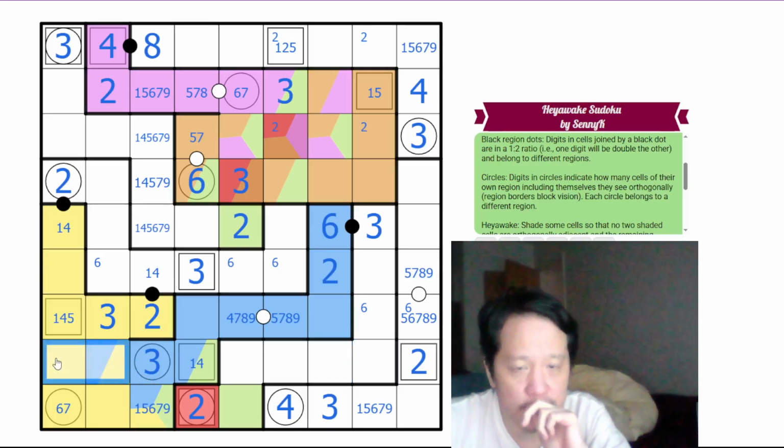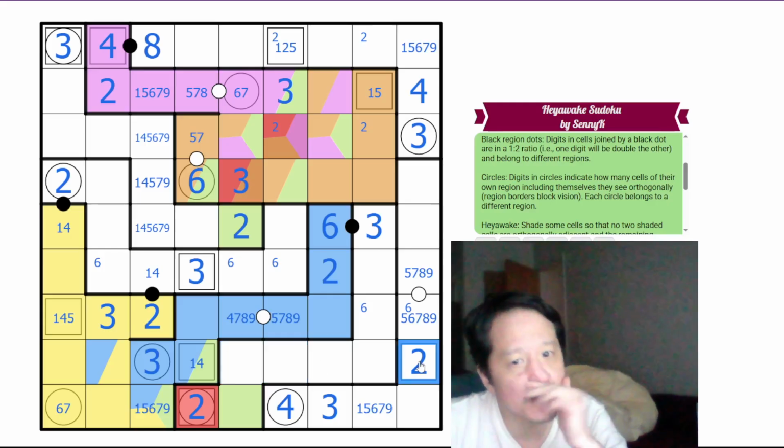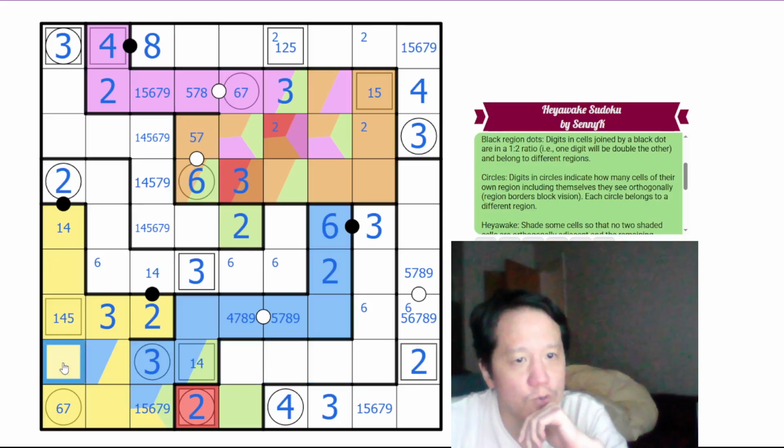6 could be here. 6 could be any of these. 6 cannot be there, though. So 6 is part of this region or yellow.